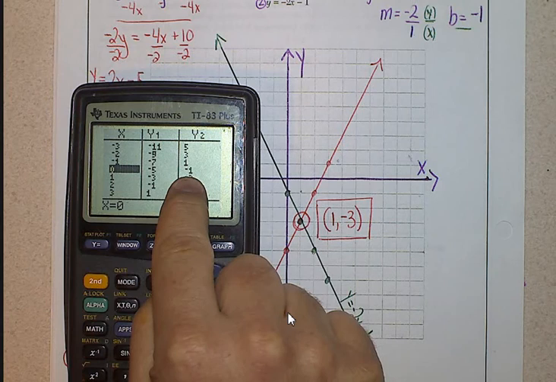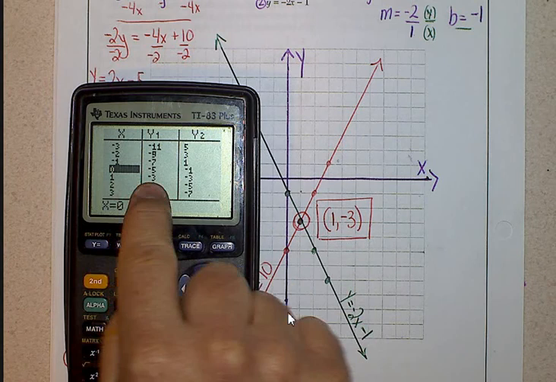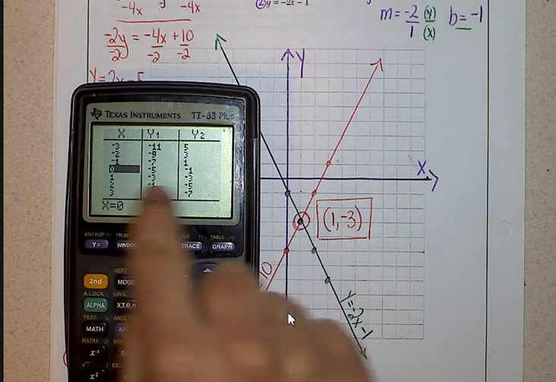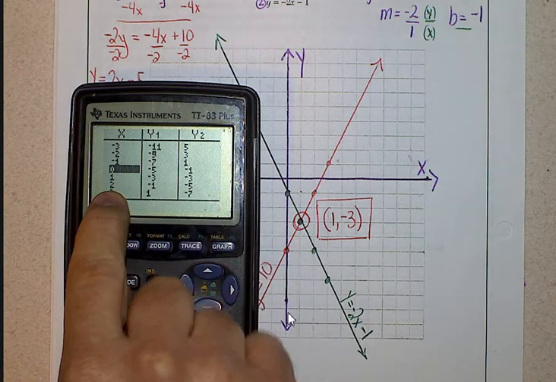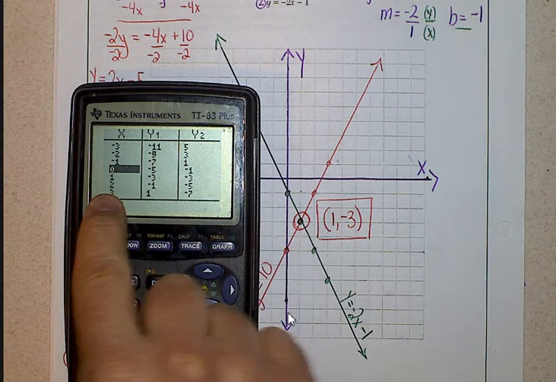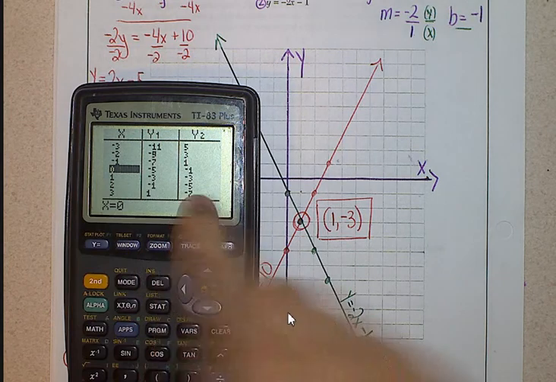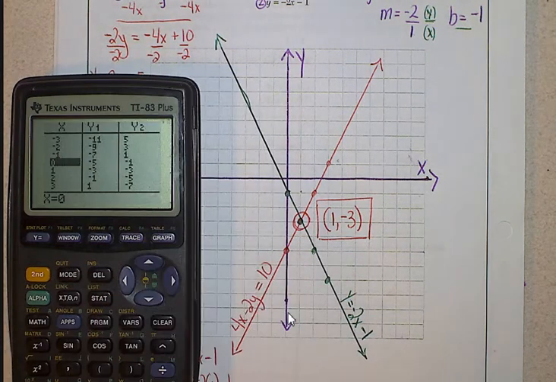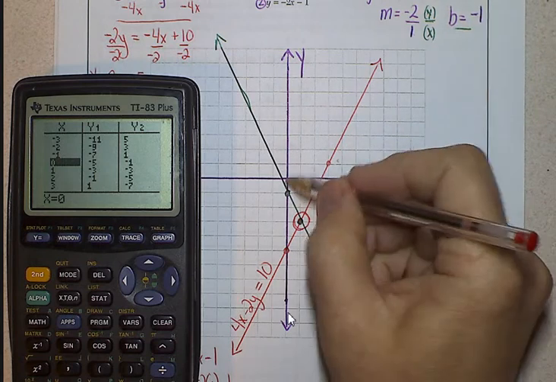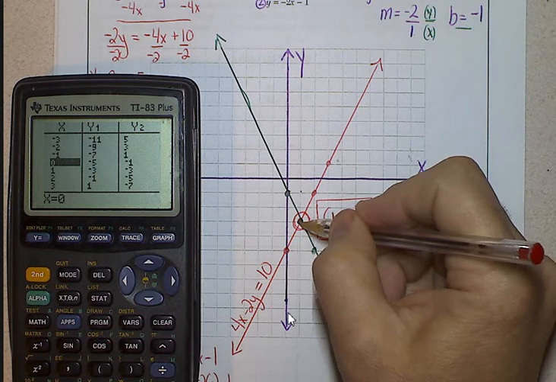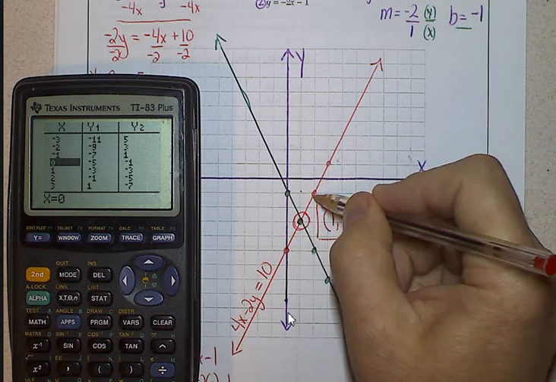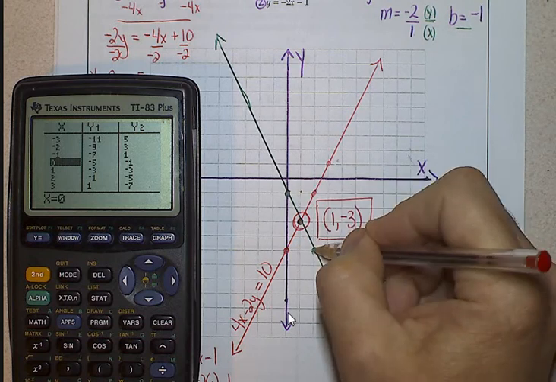That's where we started. And then when x is 1, we get the point 1, negative 3 on one of the graphs, and we get the point 1, negative 3 on the other graph. That was actually our solution. So you can plot all these points if you want to: 2, negative 1, and then 2, negative 5. And you can see, if I go to the graph, here's 0, negative 1, here's 0, negative 5, here's 1, negative 3, here's 2, negative 1, and here's 2, negative 5.